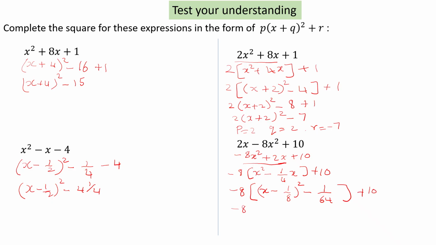Now negative 8 times x minus 1 over 8 squared, plus negative 8 times 1 over 64, which is positive 1 over 8, plus 10. Negative 8 times x minus 1 over 8 squared, plus 1 over 8 plus 10, which is 80 over 8, plus 1 over 8.